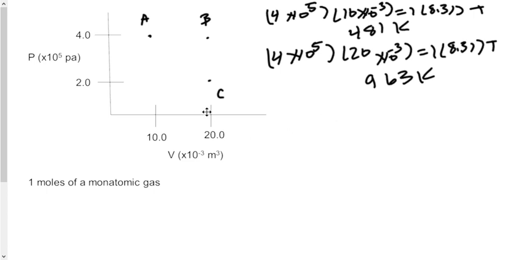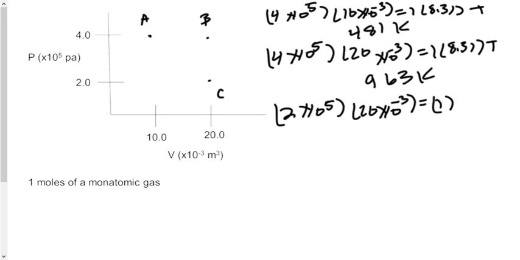And lastly, at point C, we'll have 2 times 10 to the 5th multiplied by 20 times 10 to the minus 3 equals 1 times 8.31 times T, and we find out that C is 481 Kelvin.